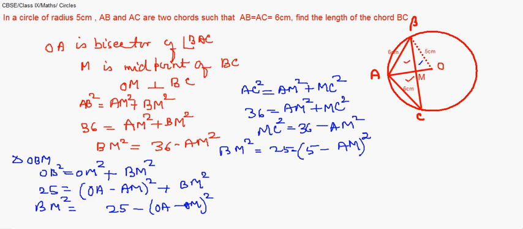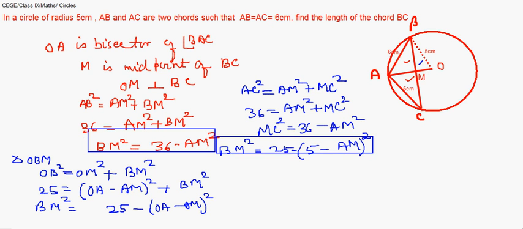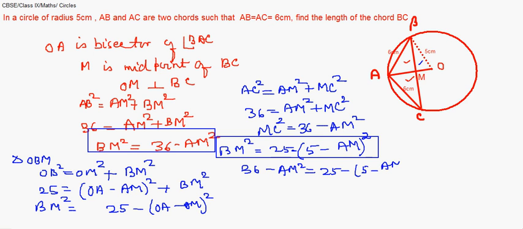Now if you look at this equation, which I will just highlight, these two are both equations informing BM square, so we can equate 36 minus AM square with 25 minus (5 minus AM) whole square.